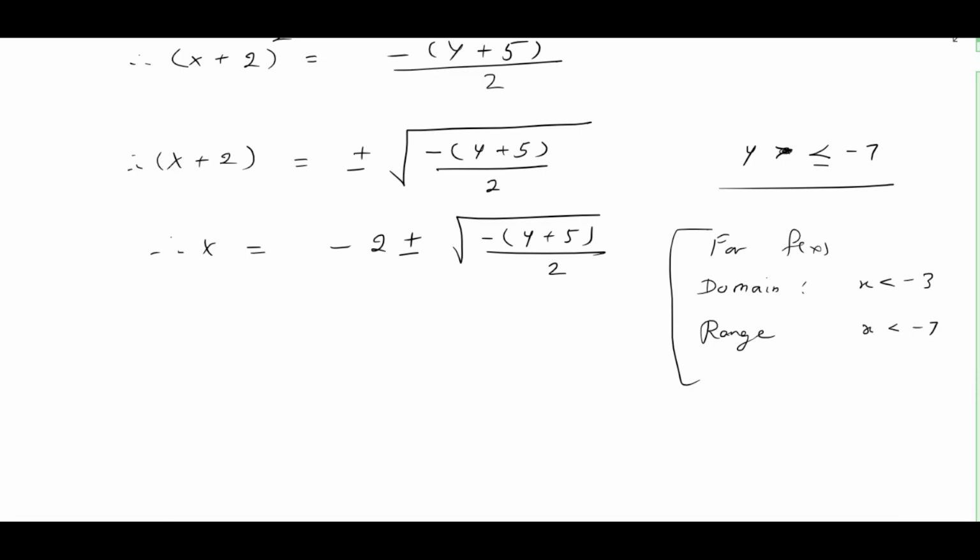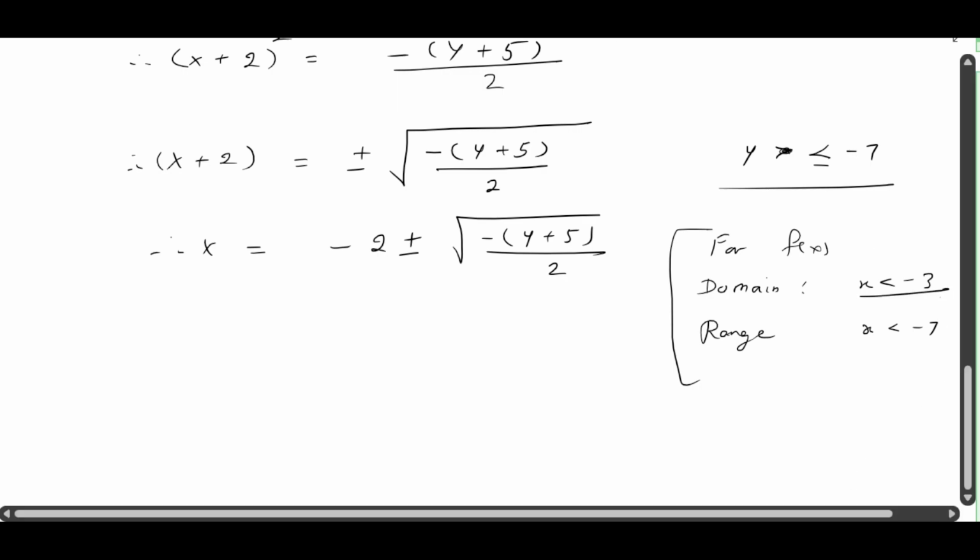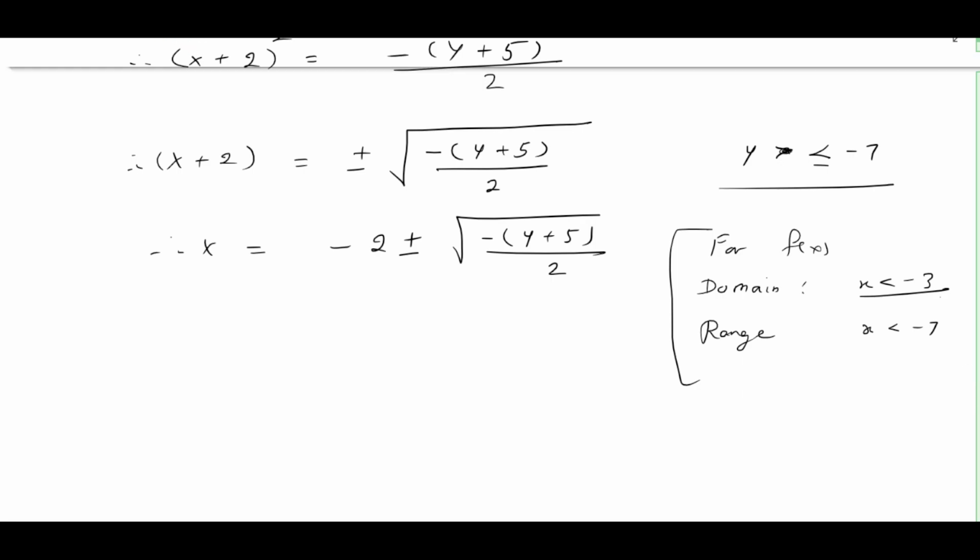Is it y less than -7 or less than or equal to -7? It is less than -7, because here the value of x is less than -3. So I will not use this equal sign. The equal sign will make my problem incorrect. So I will say that here it is y less than -7.